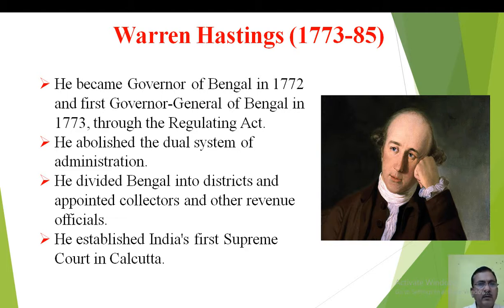Now in this topic, we are going to discuss the Governor Generals of Bengal.